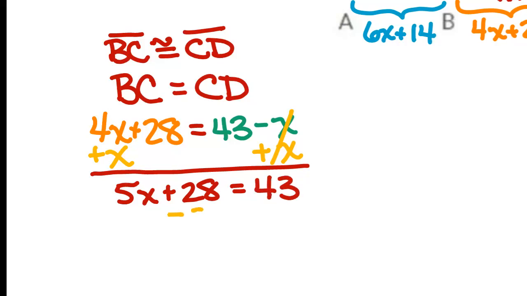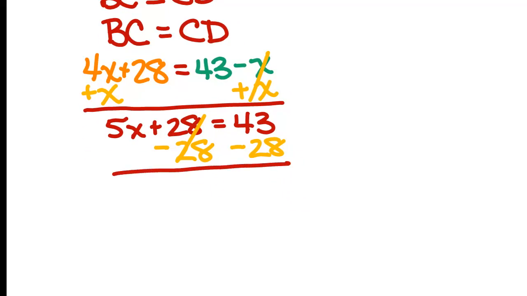Now I'm going to minus 28 from both sides. What is 43 minus 28? 15. 5x equals 15. And then after we divide both sides by 5, we figure out that x is what? x is 3. So I have x equals 3.